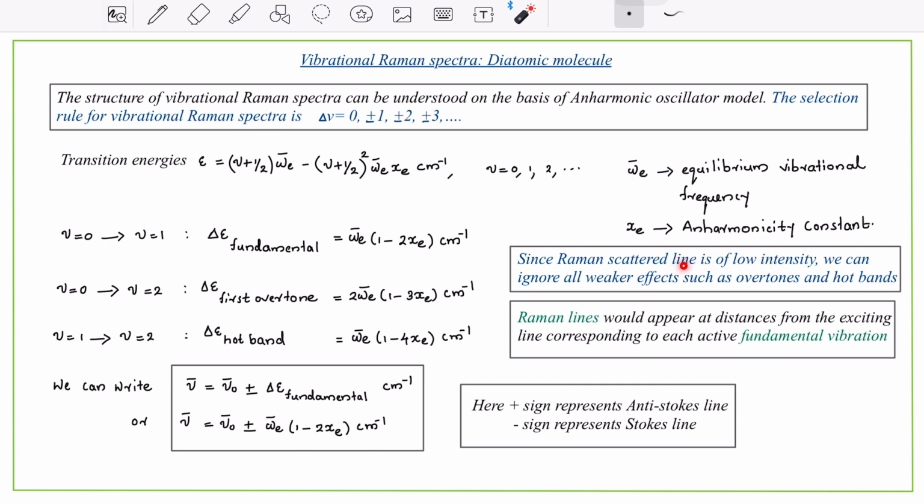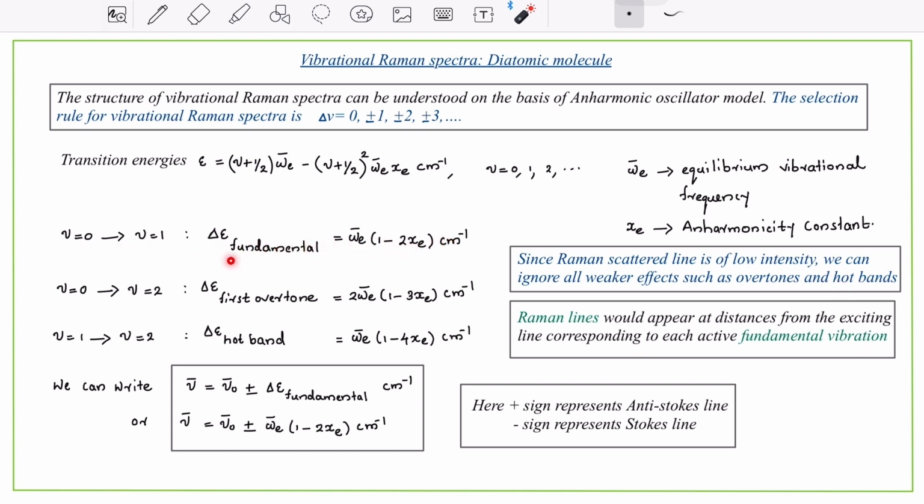We know that the Raman scattered lines are of low intensity. Already we have studied that the intensity of the first overtone and hot bands are lesser than the fundamental absorption line, and because of this, we can ignore all weaker effects in vibrational Raman spectra such as the overtones and hot bands.